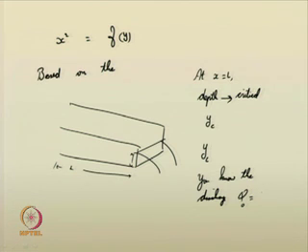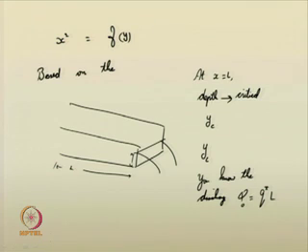Q 0 is nothing but equal to q star into L. This you are quite aware, that is the discharge at this outlet. Based on these quantities, you can easily identify the critical depth y c. So, at x is equal to L, y is equal to the critical depth y c, and that condition is applied. On incorporating all these conditions, you will get the following expression for x.